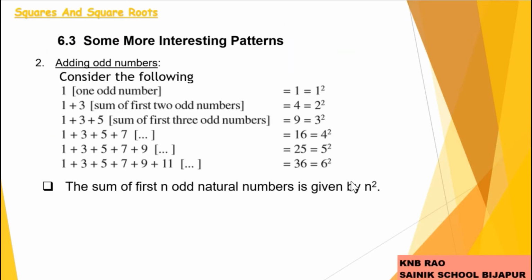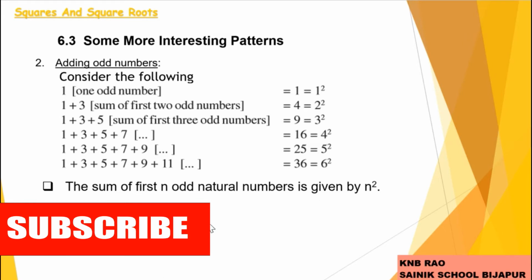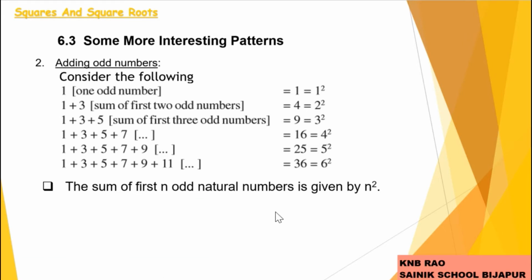Students, yesterday we learned the second pattern, adding odd numbers, that is, the sum of the first n odd natural numbers is n square. I explained that 1 plus 3 plus 5 plus up to 2n minus 1 is n square, and the nth odd number is 2n minus 1.